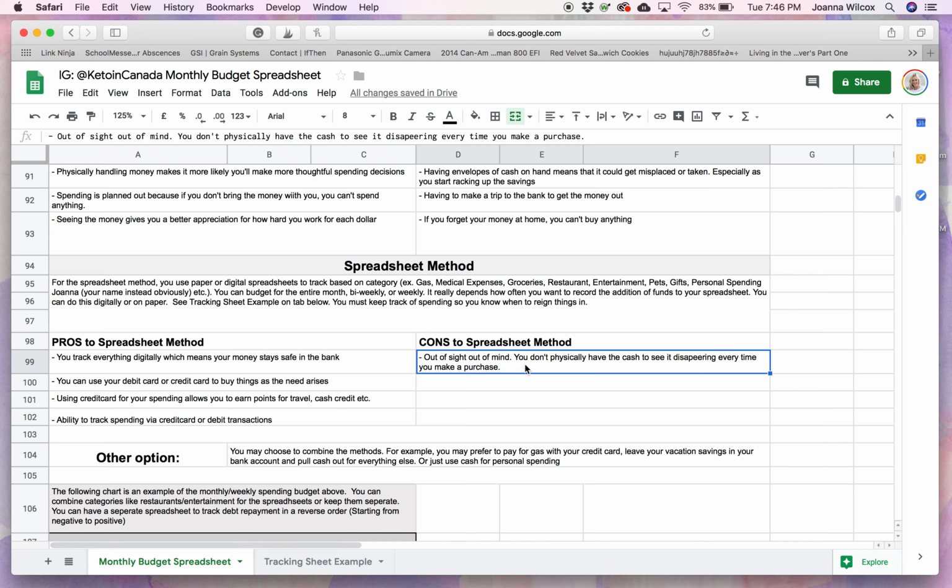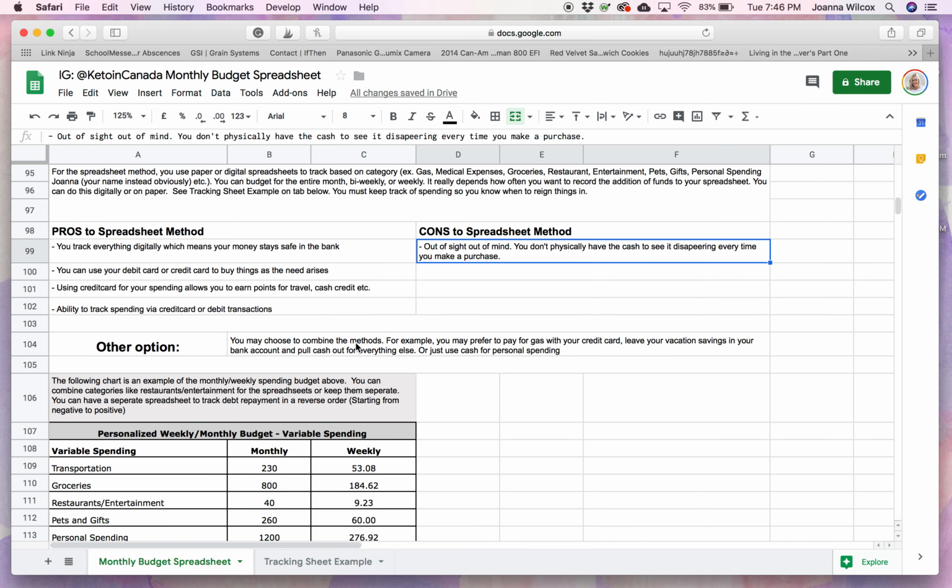You're not physically handling the cash, so it's easy to see it disappear, and you don't even see it go poof. You don't have to hand over those bills, which means it's still easy to spend money. Another option is you might choose to combine the methods. So for me personally, I would never get cash out to pay for gas, oil changes, things like that.